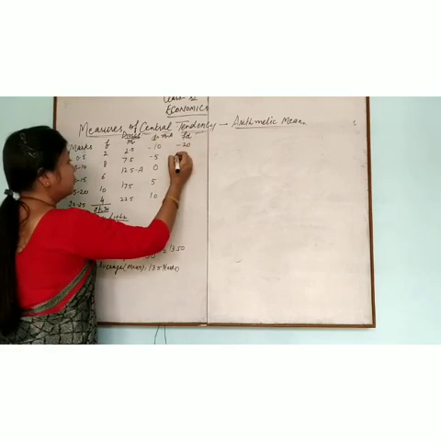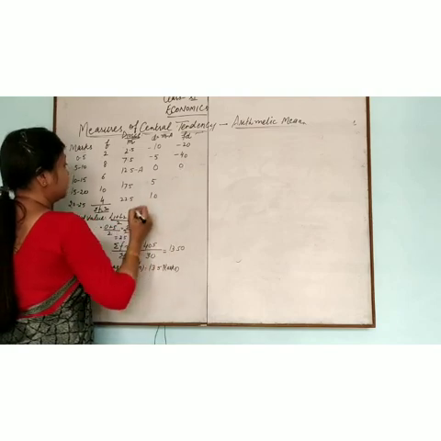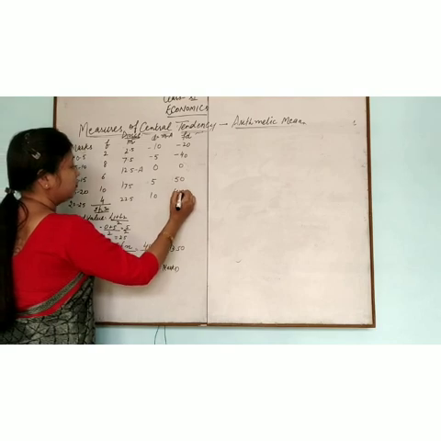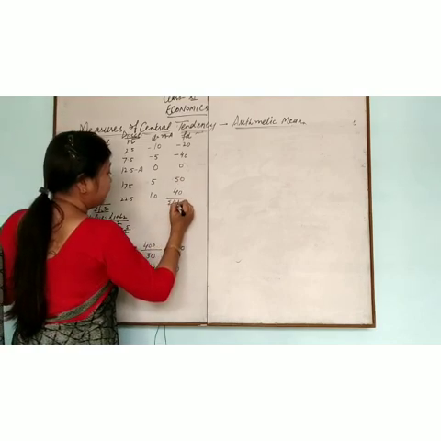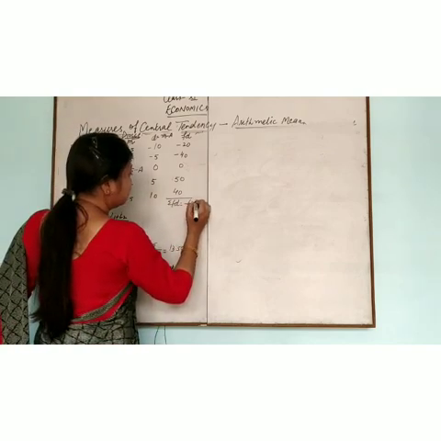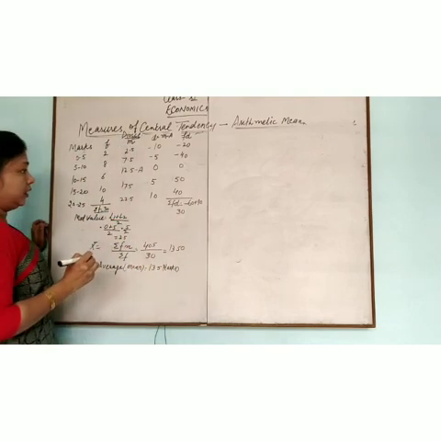Now multiply F and D: minus 20, minus 40, 0, 50, 40. The summation of FD is equal to minus 60 plus 90, that is equal to 30.